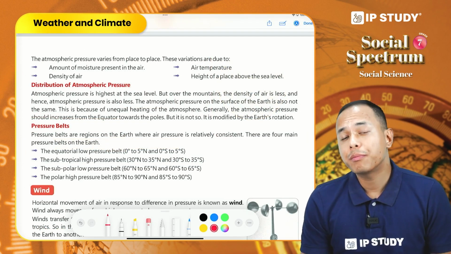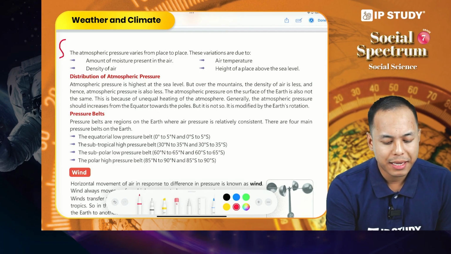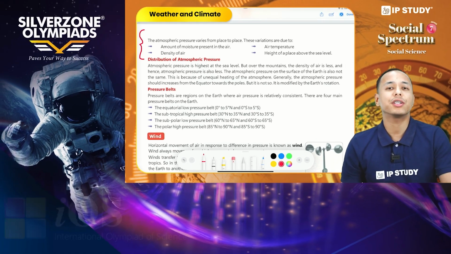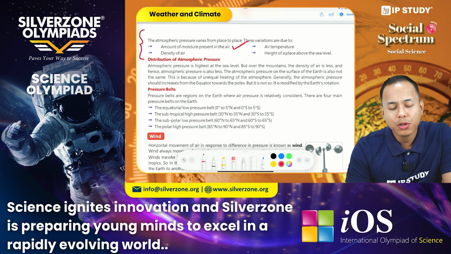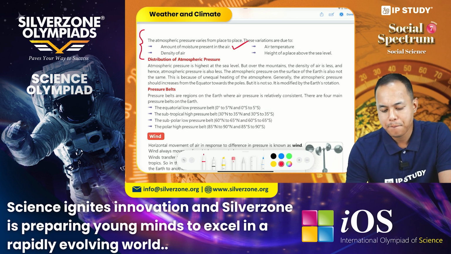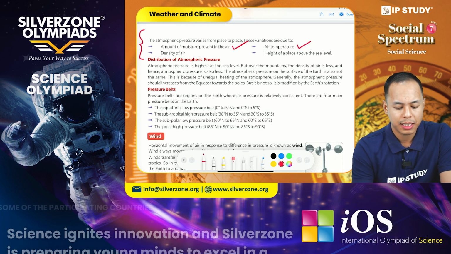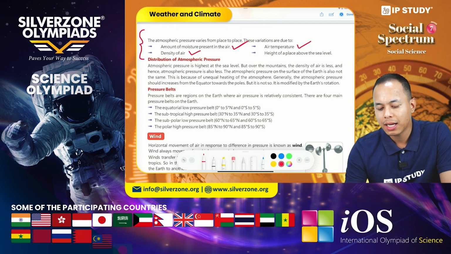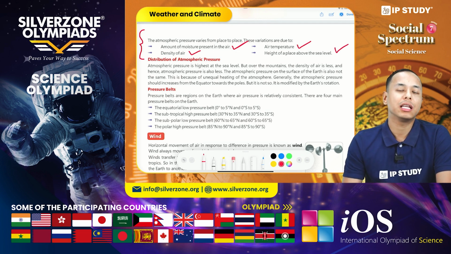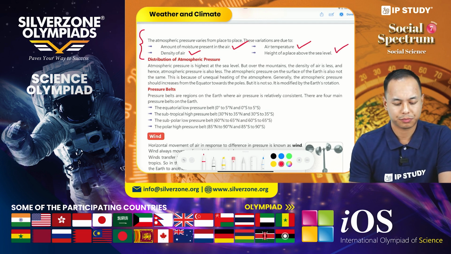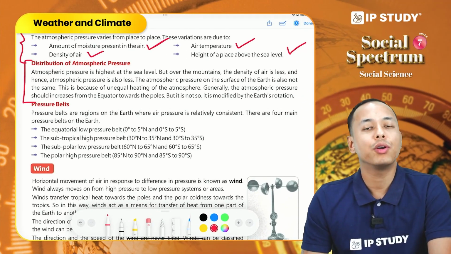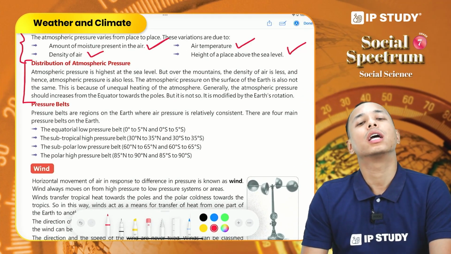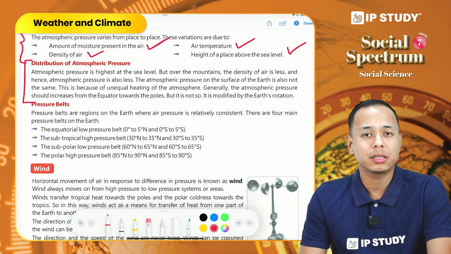Atmospheric pressure also varies from place to place, and this variation is caused by several factors such as the amount of moisture present in the air, temperature, density of the air, and height of the place above sea level, or the altitude. So, distribution of atmospheric pressure. We know that atmospheric pressure is not equal in all places of the earth.